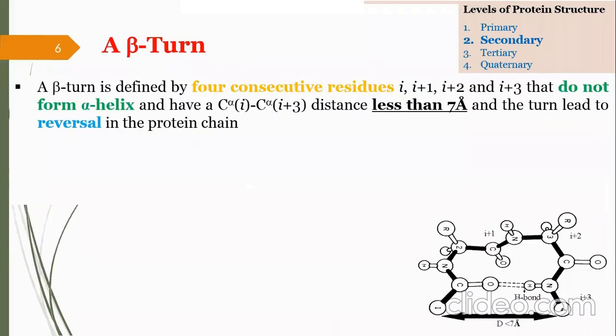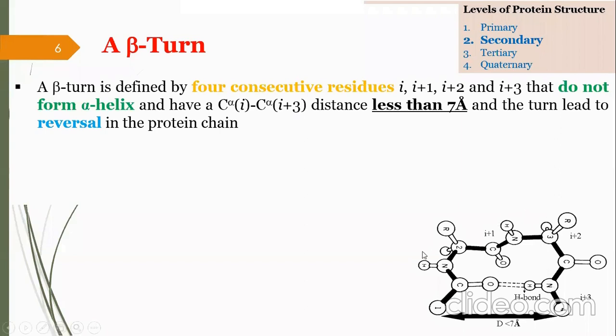Next to it is the beta turn. A beta turn is defined by 4 consecutive residues, I, I plus 1, I plus 2 and I plus 3, that do not form an alpha helix and have a C alpha I and C alpha I plus 3 distance of less than 7 angstrom.